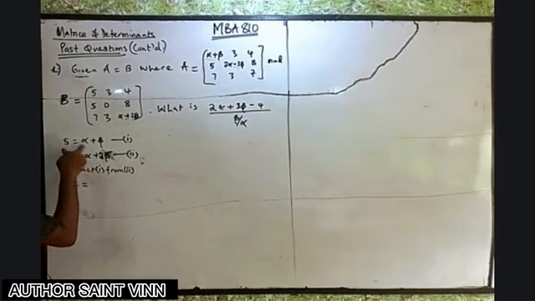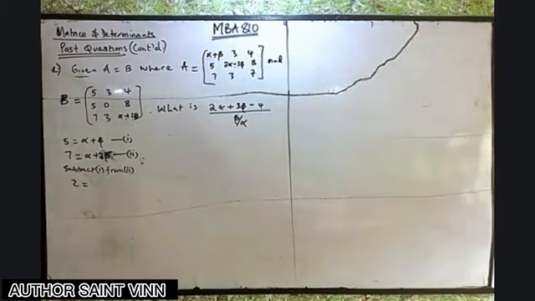Alpha minus alpha is 0. Therefore, I have eliminated alpha in order to solve for beta. You better pay attention so that you know where this is coming from. So 2 beta minus 1 beta will give us what? So beta is 2.